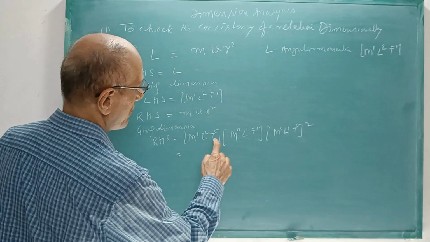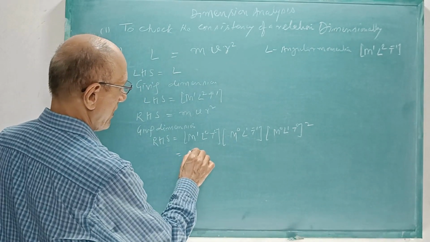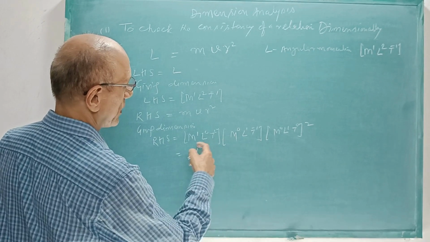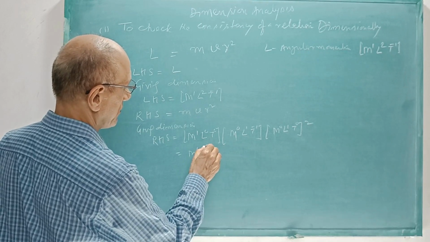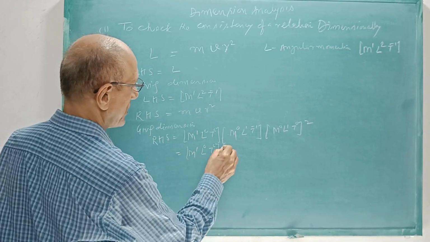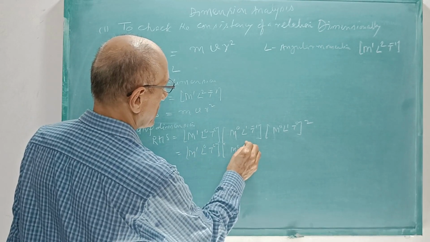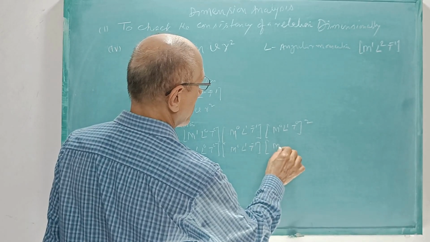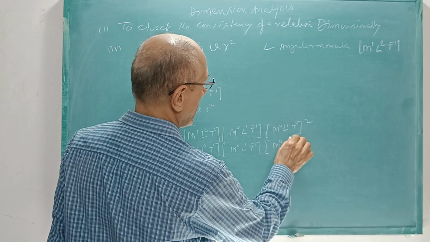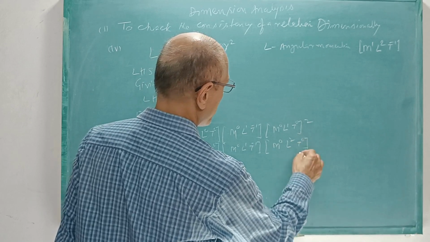So here we can have M raised to power 1. These two get multiplied, or you can write it similarly, same as it is. And here you get power multiplied because power of power is 2, L2 and T0.